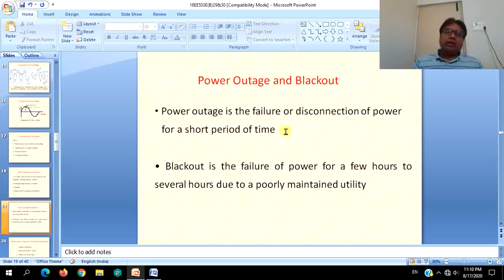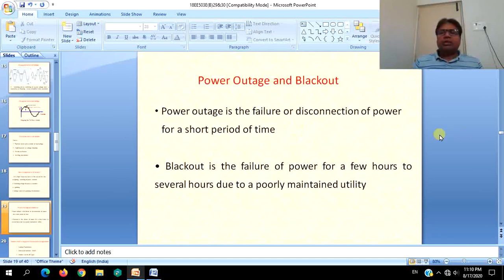Power outage and blackout. Power outage is the failure or disconnection of power for a short period of time. This is not due to any load or power supply system. It may be for maintenance, for damage, or for connecting or disconnecting, that is LCs, what we call line clears.